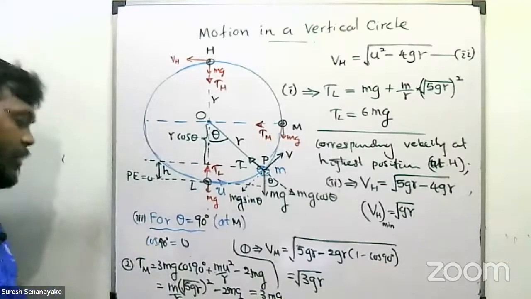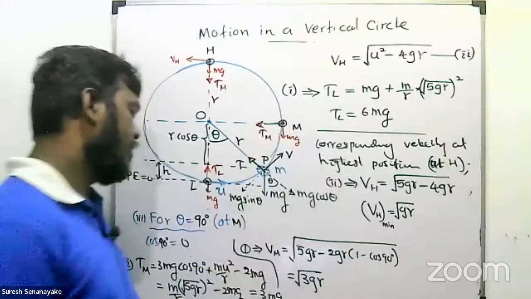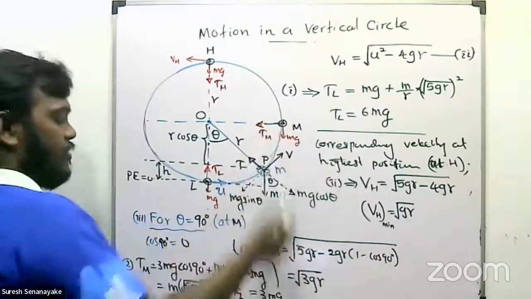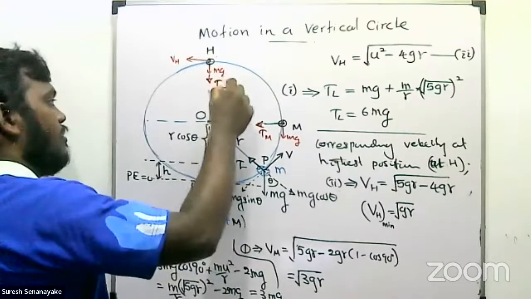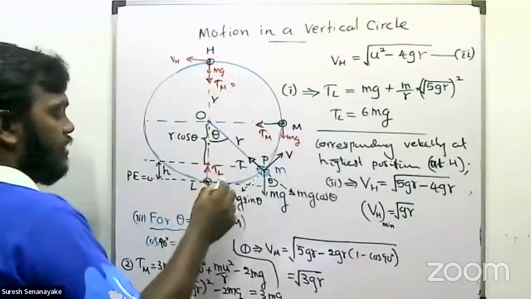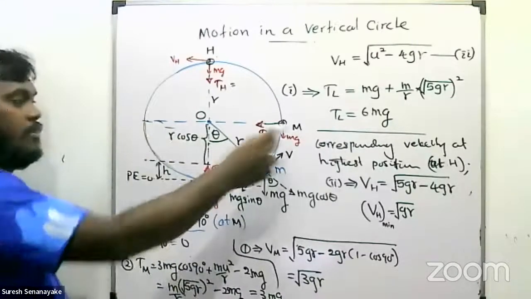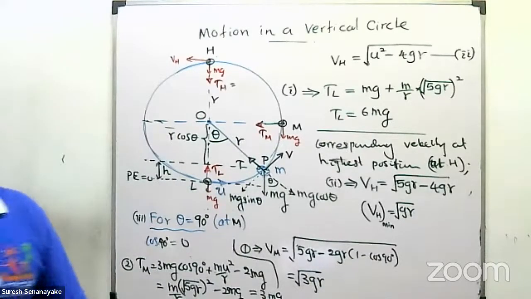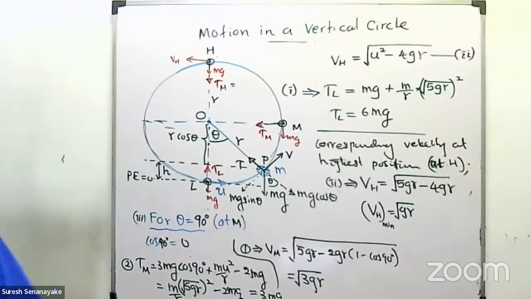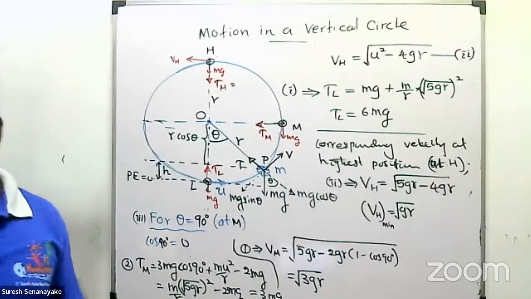The tension should be 3mg at this position to complete the circle, and the velocity should be square root of 3gr, and at the top square root of gr, and its tension should be greater than 0. Here 6mg, and this square root of 5gr. And here also we can show the same way this square root of 2gr. Right, this is clear.